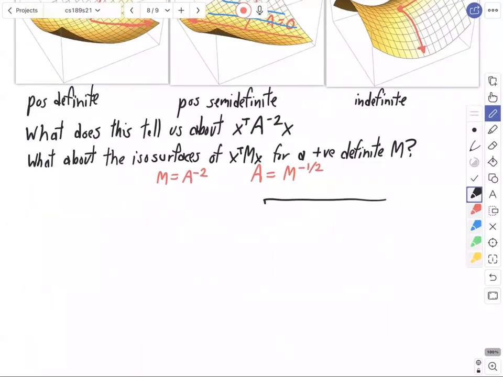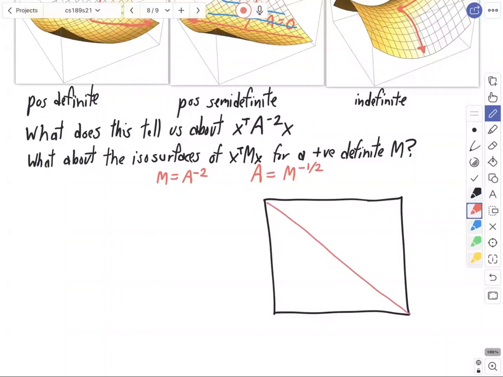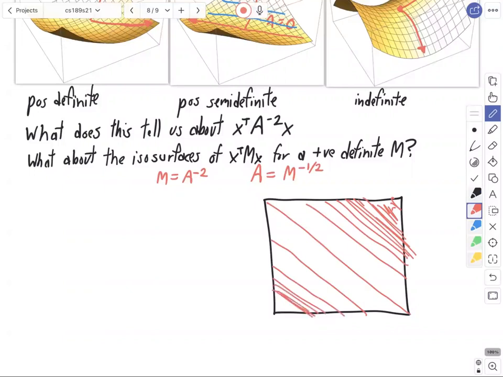I don't know if I can do a great contour plot diagram right now, but it would look something like this, where the trough of the paraboloid is here, and instead of getting the ellipsoids you would normally expect to get, those ellipsoids have straightened themselves out in some directions.